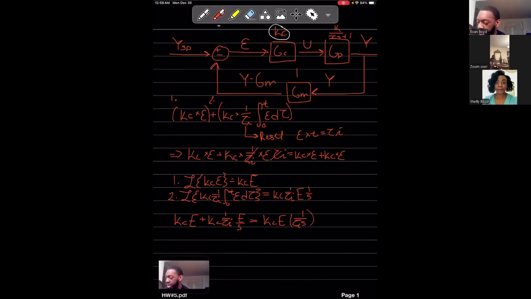So this, and let me actually reposition this because I'll explain it later. Here we go. So this is our final equation, the final product for the change of the controller.